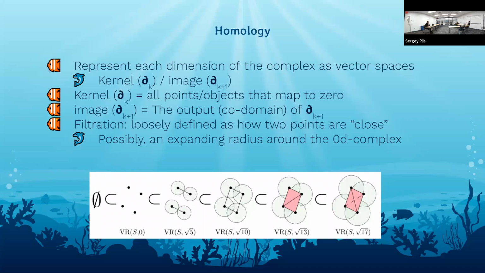In a line segment, the actual edge, the line itself, maps to 0, and only the two boundary points remain. So that kernel would be that edge, the thing that maps to 0. The image is the output, the two boundary points. And so this kernel over the image defines the thing that maps to 0 over the boundary condition.